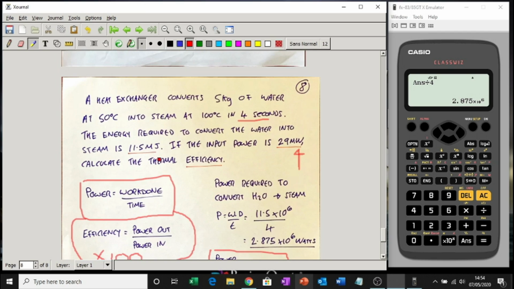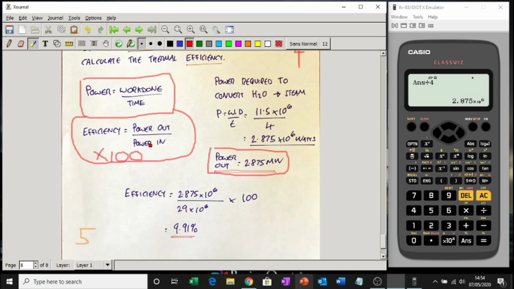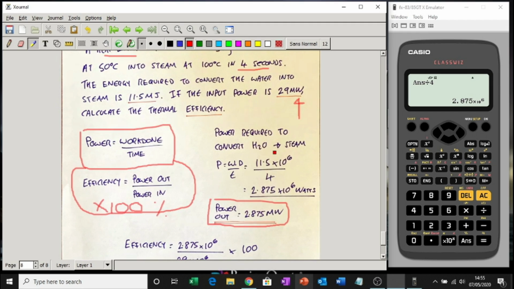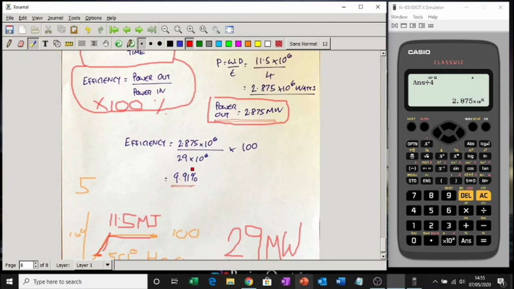So the efficiency of this exchanger is power out over power in times by 100%. So the power out is 2.875 mega, because we just worked it out, and the power in is 29 input power. Times by 100 to get a percentage.